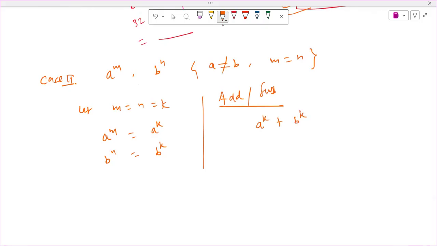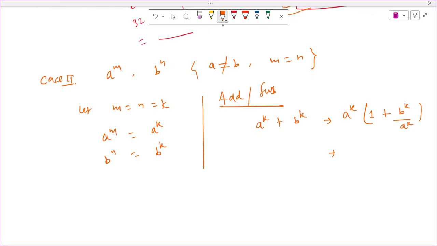Now here we don't have anything to take common, or we can further write this thing. Let's say I'm taking a to the power k common. Then what we will have here: 1 plus b to the power k divided by a to the power k, right?